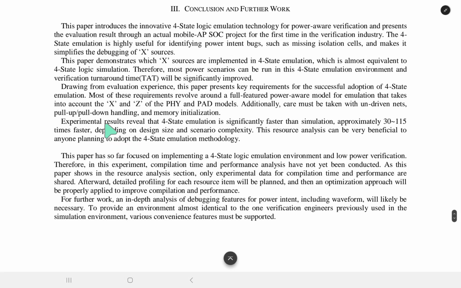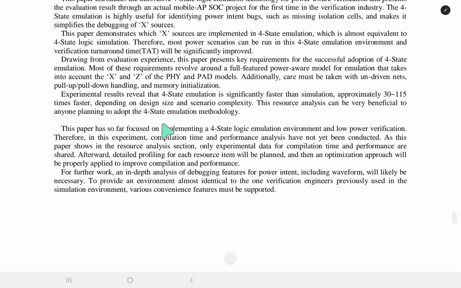The experimental result shows the 4-state emulation is significantly faster than simulation, approximately 30 to 115 times faster, depending on the size and the scenario complexity. So this resource analysis can be beneficial to anyone planning to adopt the 4-state emulation methodology.